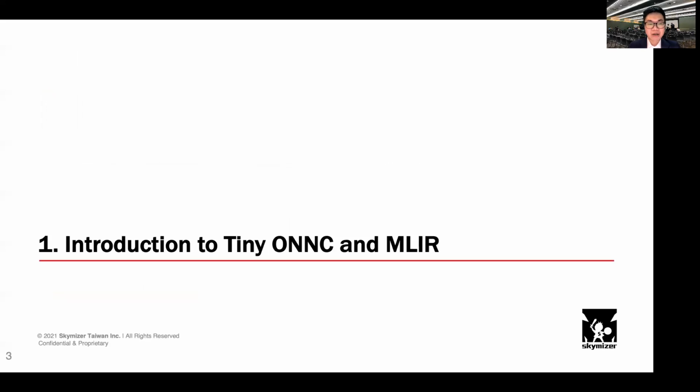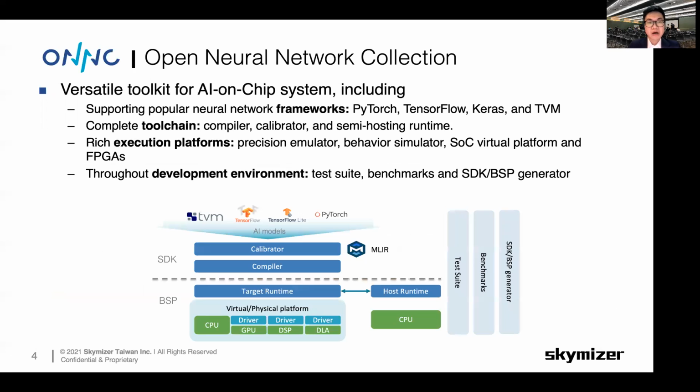Okay, first, Tiny ONNC and MLIR. ONNC is Open Neural Network Collection. It's a versatile toolkit for AI on-chip systems, which includes a complete toolchain, including compiler, calibrator, and semi-hosting runtime.